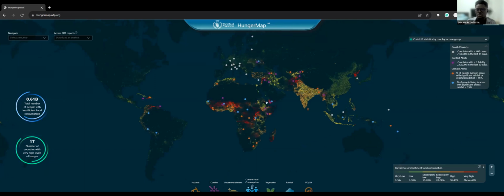I can't use raster to represent it because raster are pure images. With raster, it doesn't really fit. This use case is to show you hunger in a particular country. So you can't really use a raster data set, which is more or less satellite imagery, to show us the hunger level in a particular country, right?